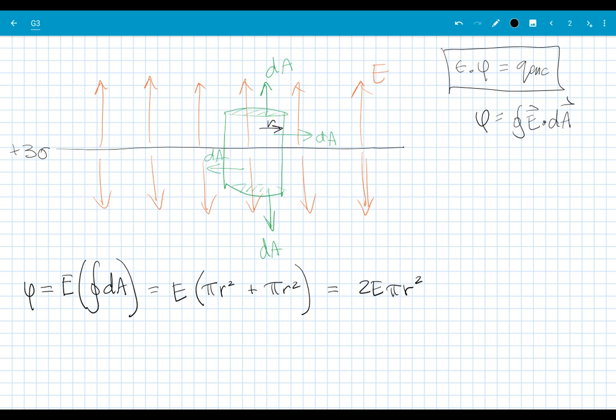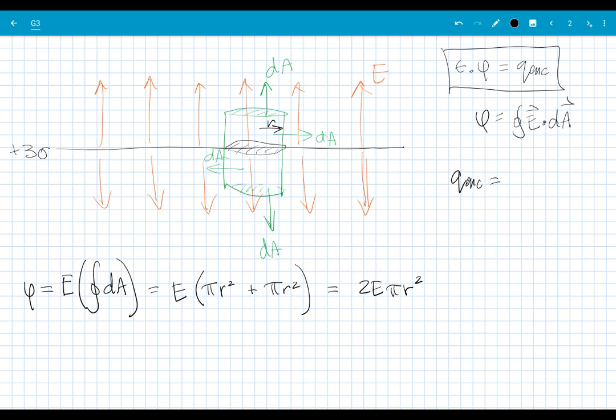That's my flux. My enclosed charge. So I'm enclosing, remember, in here I've got an area of the sheet enclosed, right? I'm containing that, and that area is pi r squared.